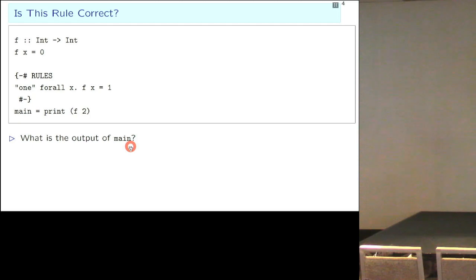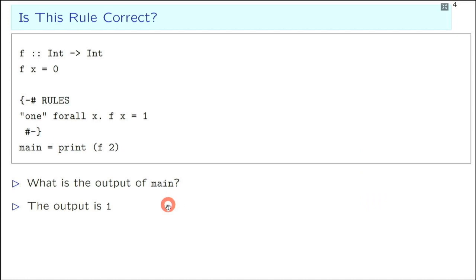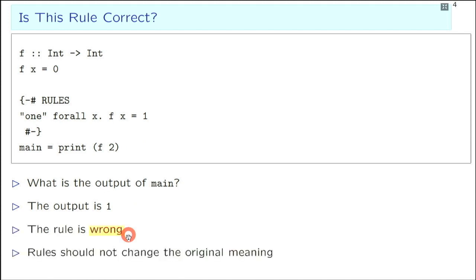The answer is output 1, because by enabling the rewriting feature in GHC, GHC first rewrites this part to 1 in the desugaring simplification process, so the output becomes 1. But this can be considered wrong. This rule is wrong because, in principle, rules should not change the original meaning of the program. So we want to address the correctness of this kind of problem in this talk.